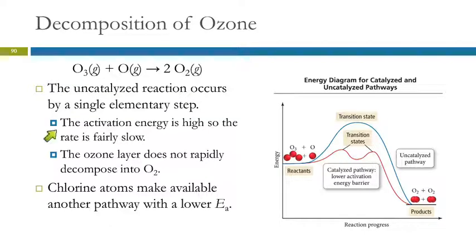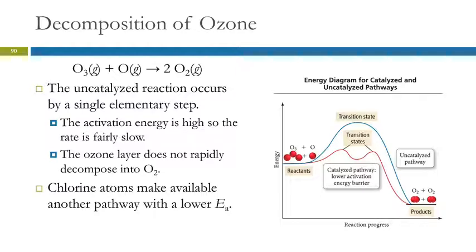The activation energy for this is pretty high, and so the rate of the reaction is slow. So it's the blue line here. You go through a transition state involving these two particles, and then you've got your products forming. But the activation energy is significant. So the ozone layer does not rapidly decompose on its own.